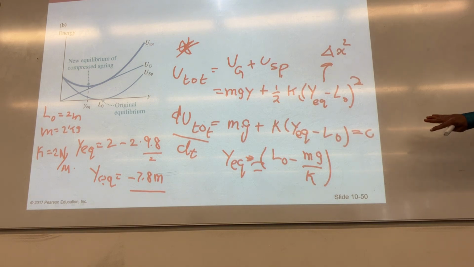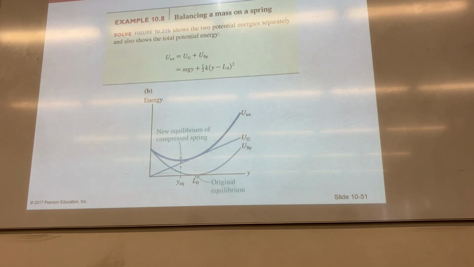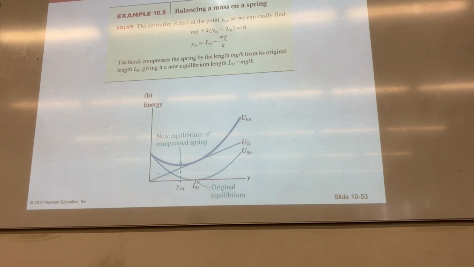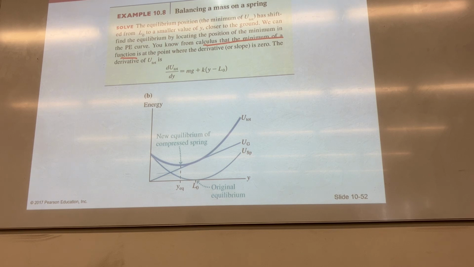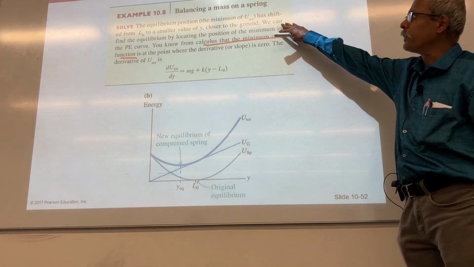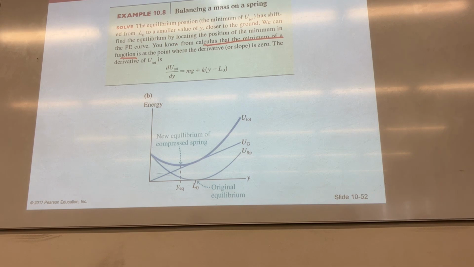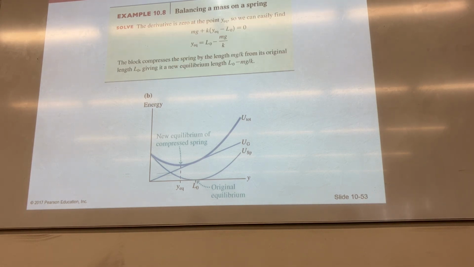I leave it to you to digest this, and if you have any questions we can discuss. Why is a derivative needed? There is a story written here, so you can look at it. The slope is very important, and that's why the slope is a derivative.